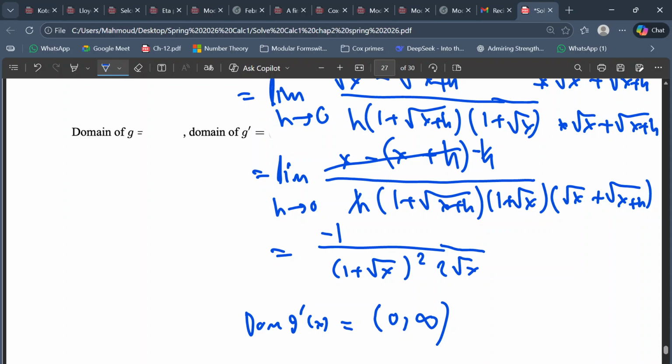But if we put 0 in this function, we have 0 down, right? So 0 is not allowed, okay? So it will be open 0 to infinity. Are you good with this?